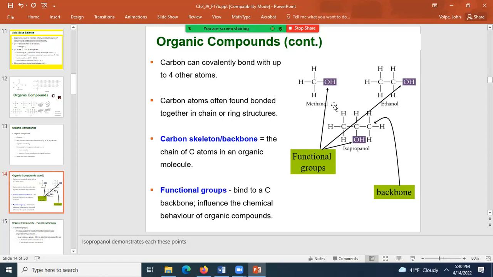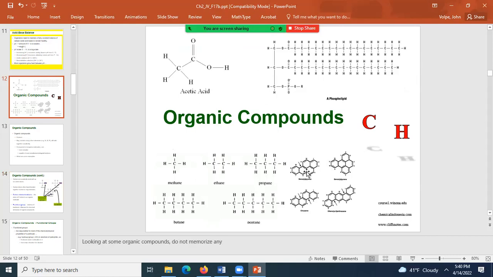Carbon is the main molecule in organic compounds, and carbon can bind to 4 other atoms. Like this carbon binds to a hydrogen here, a hydrogen here, a hydrogen here, and then it binds the 4th place to an OH group here. The carbons can be bound like this, or like this, and you can make them longer like that, or they can be bound in the ring structure, which I've already shown you here. There's a ring structure.